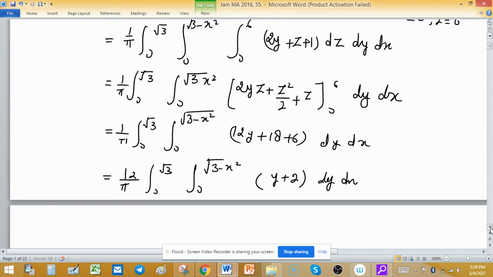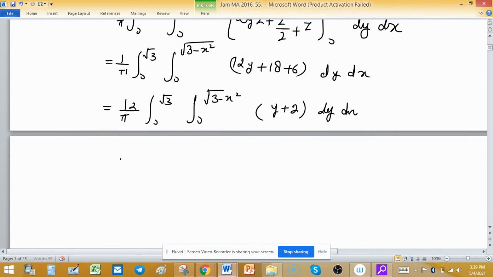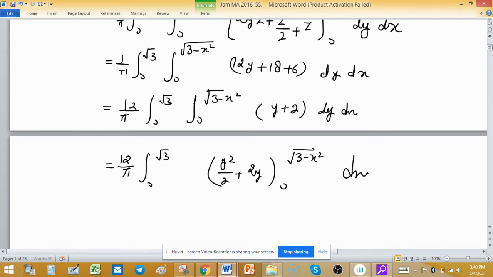Now we integrate with respect to y. So 12 upon pi, 0 to root 3, y square upon 2 plus 2y, with limits from 0 to square root of 3 minus x square, and finally we integrate with respect to x. Directly writing, this is 3 minus x square upon 2 plus 2 square root of 3 minus x square.